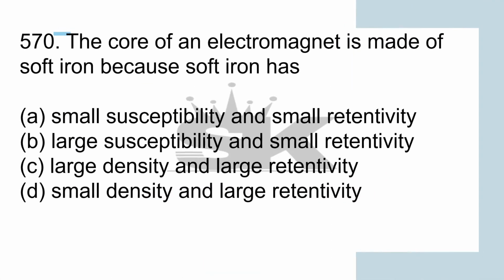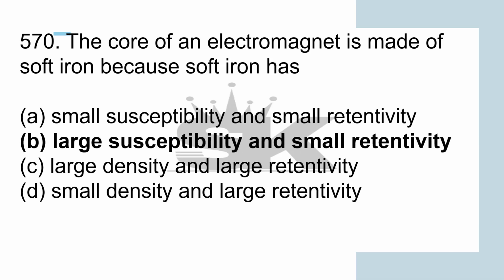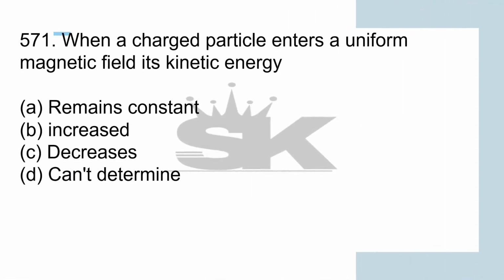The core of an electromagnet is made of soft iron because soft iron has large susceptibility and small retentivity. When a charged particle enters a uniform magnetic field, its kinetic energy remains constant.